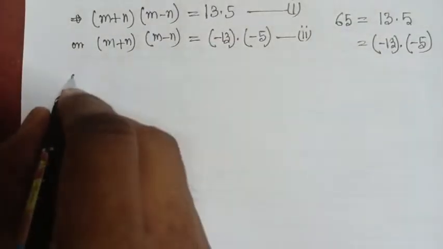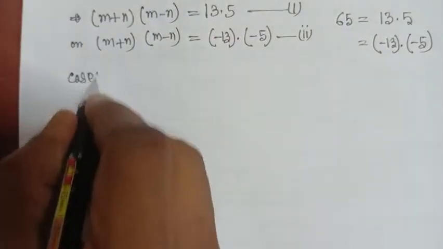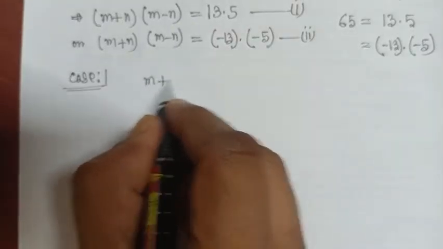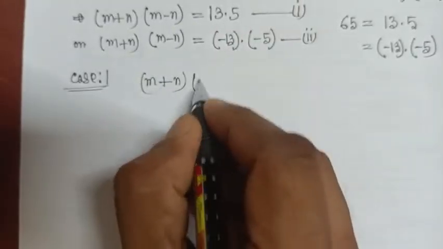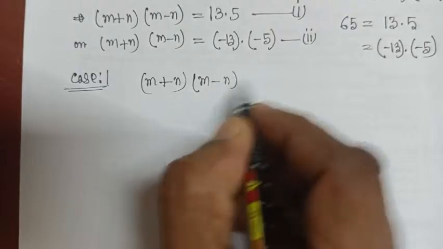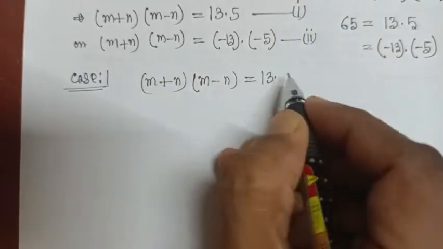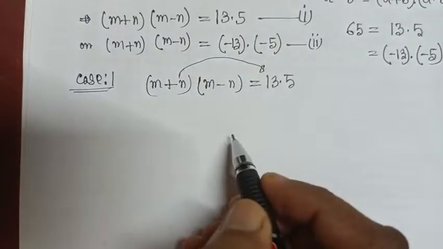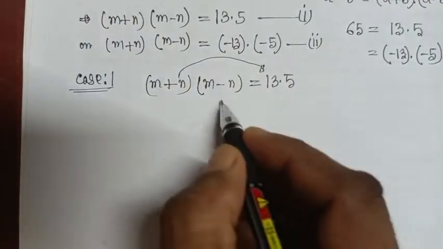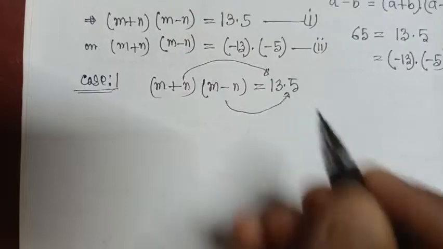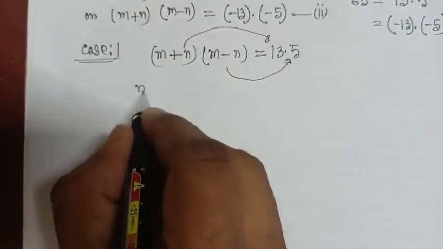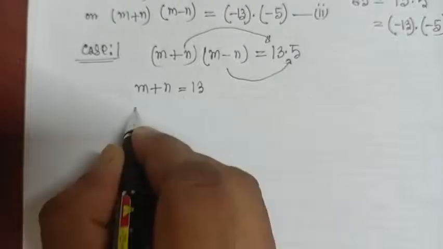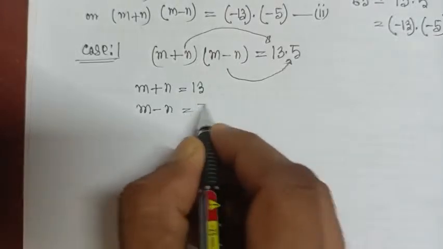So for case 1, where m plus n into m minus n is equal to 13 into 5, comparing this, m plus n equals 13 and m minus n equals 5.